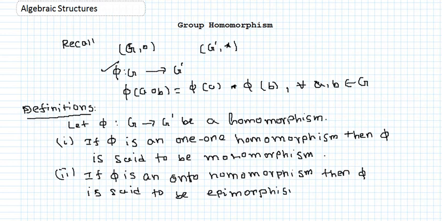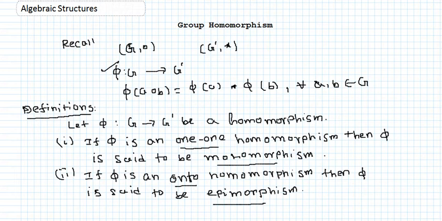They are the names for different types of homomorphism. So one-to-one homomorphism is called monomorphism, and onto homomorphism is called an epimorphism.